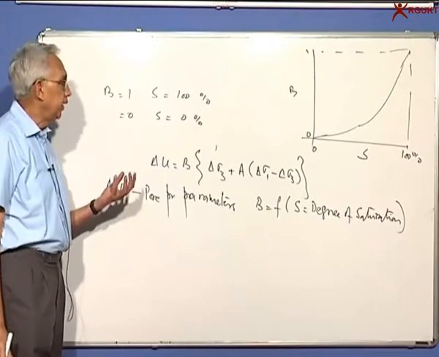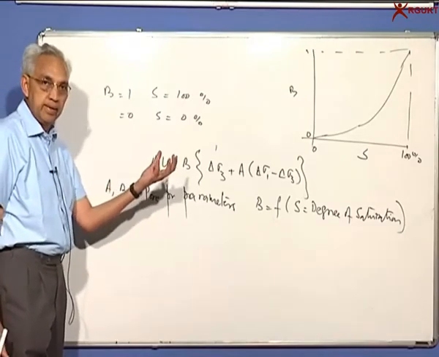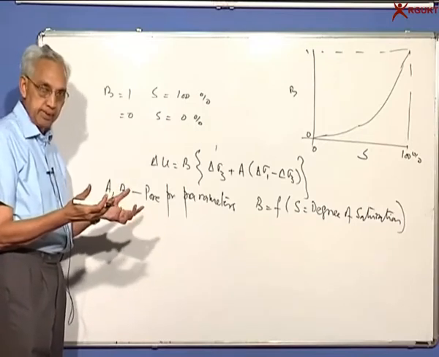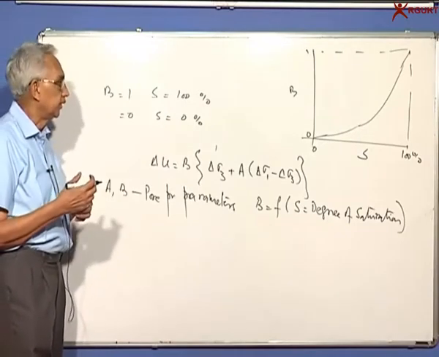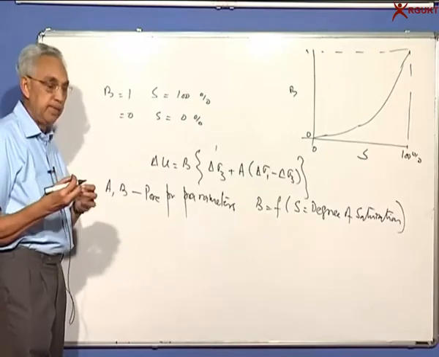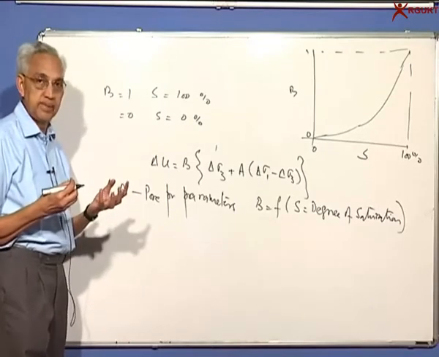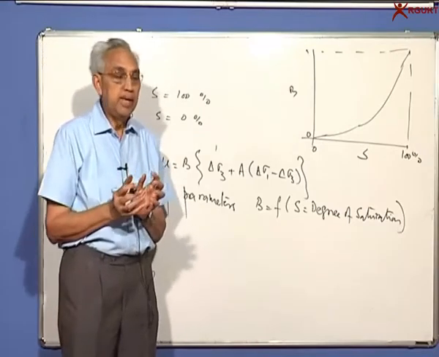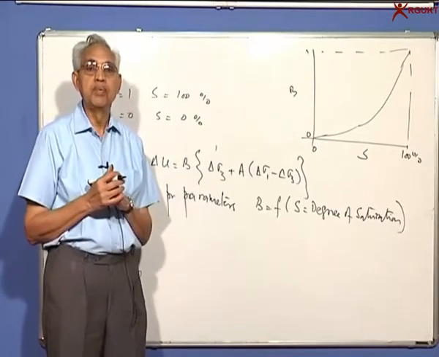The reason being, when it's dry, there is no water, so there can be no pore pressure because of the confining stress. And when the sample is fully saturated, whatever stress you apply all around initially goes to the pore fluid.